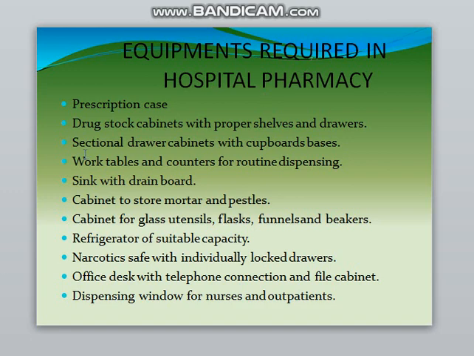Next are the equipments used in the hospital pharmacy. Basically, we can divide the equipments into two parts: fixed equipments and movable equipments. Fixed equipments are installed during the construction of the building, like counters, cabinets, sinks, elevators and so on.